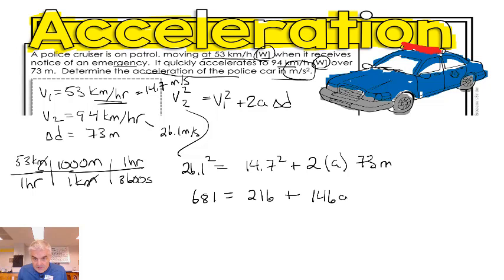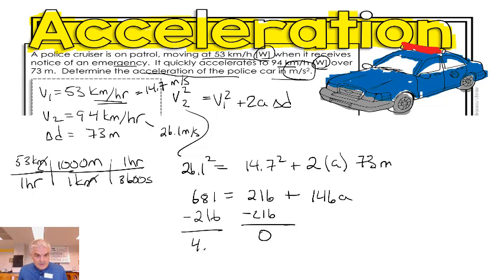146 times A. Subtract 216 from both sides. This becomes 0, so 681 minus 216 gives me 1146. That's not right. Do it again. 681 minus 216. Notice I made a mistake on my calculator. I said there's no way it could be that.